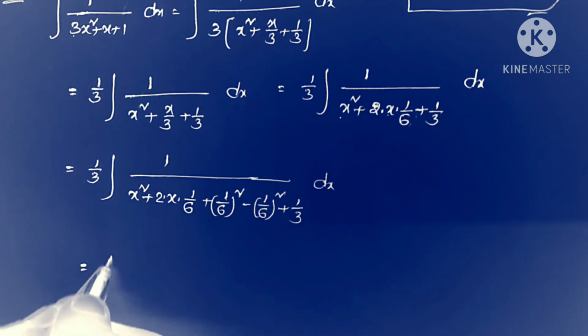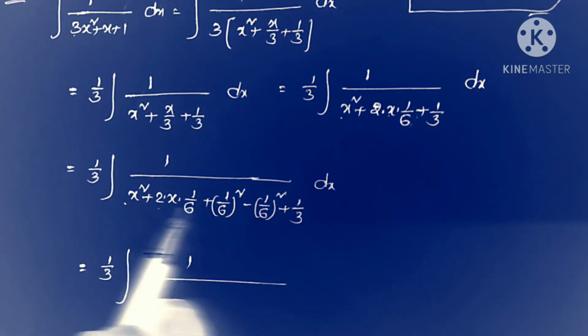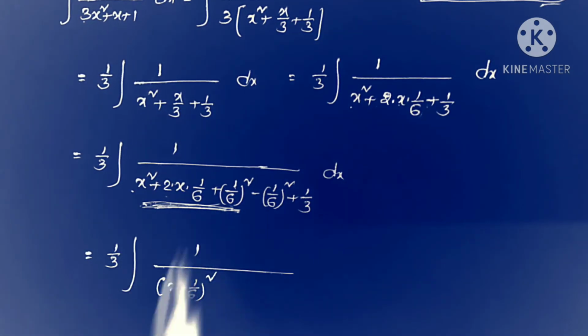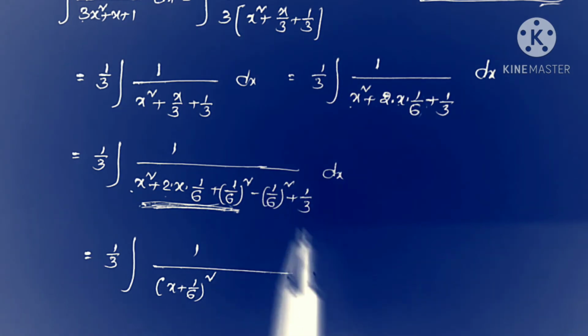So this is equal to 1 by 3 into integral 1 by (a square plus 2ab plus b square), which is nothing but (a plus b) whole square, that is (x plus 1 by 6) whole square. Now what is the remaining value, minus 1 by 6 whole square plus 1 by 3.